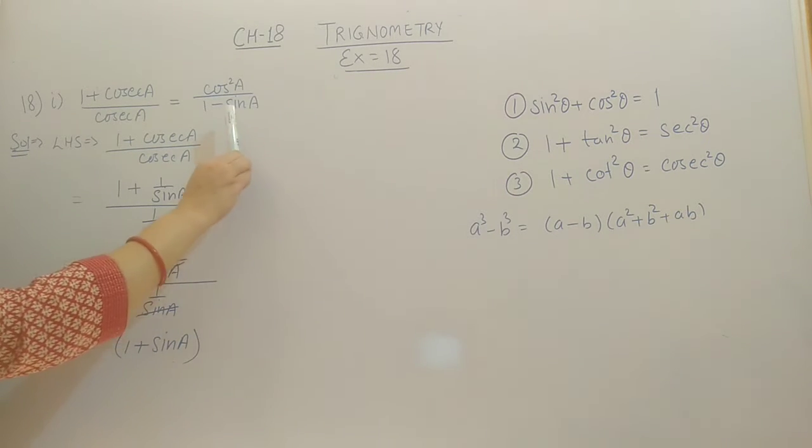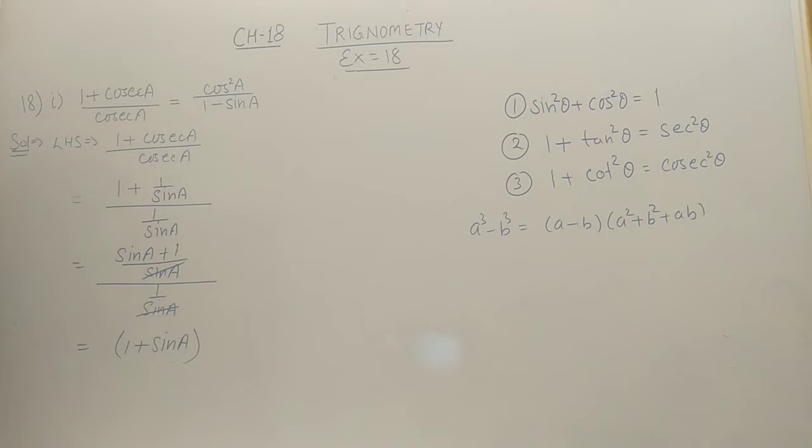Now see the right side. In the right side we want 1 minus sin A in the denominator. So what we are doing here?